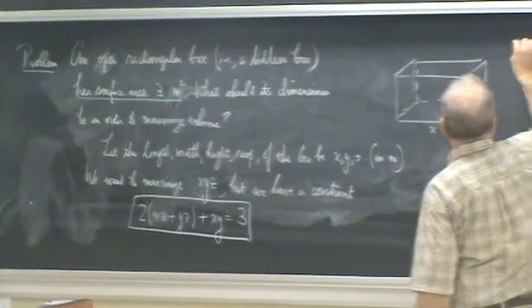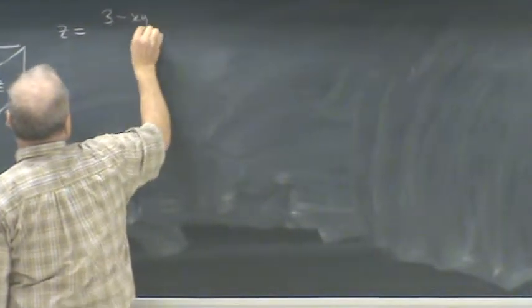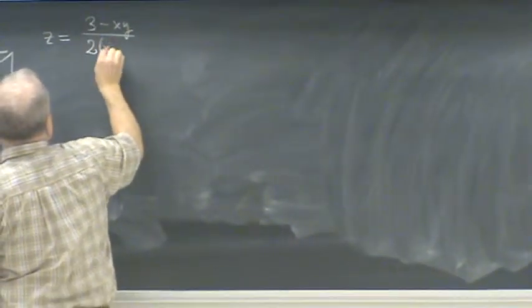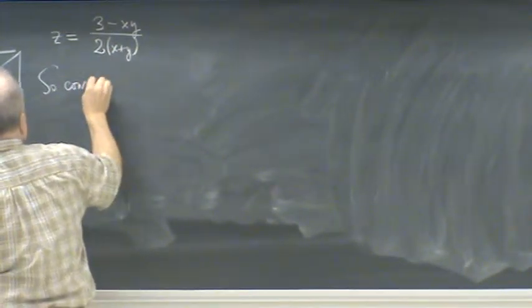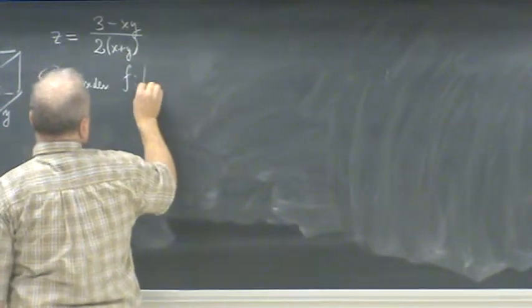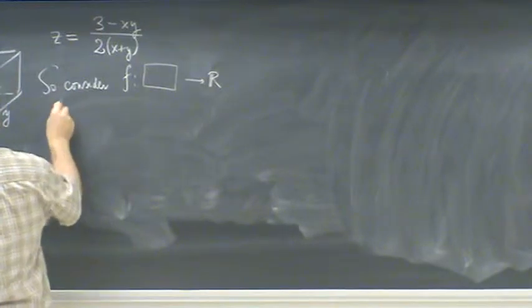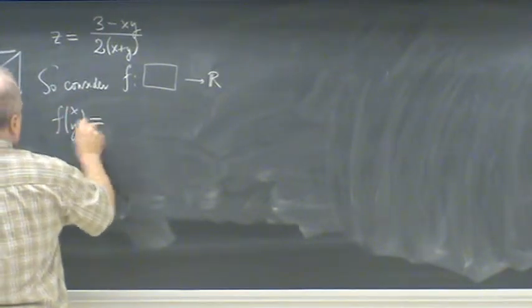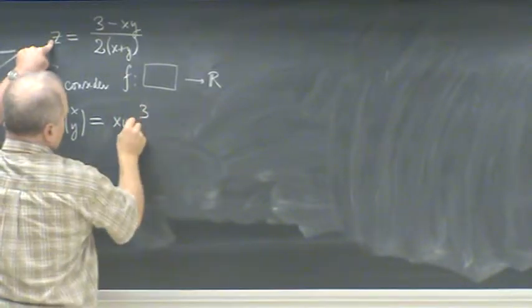So consider then that z would be what? 3 minus xy over twice the quantity x plus y. Yes. So consider f mapping some domain to be specified to R, where f of x, y is now x times y times z.